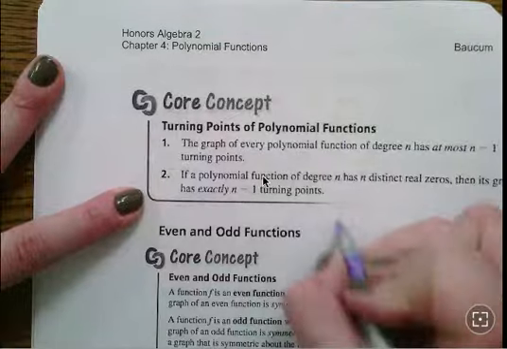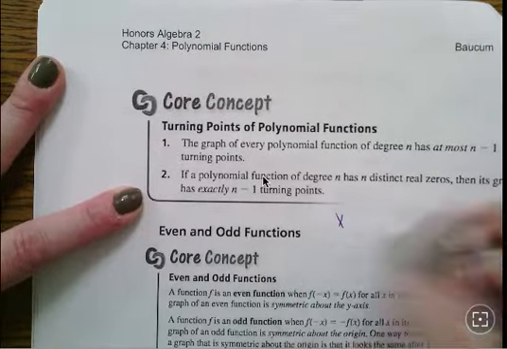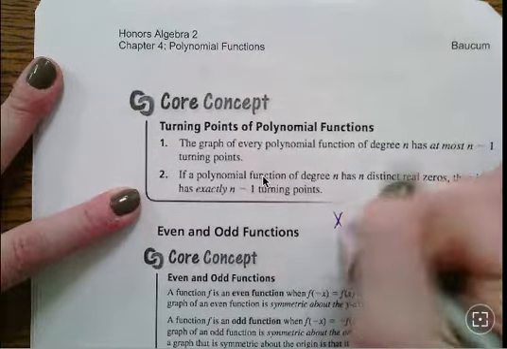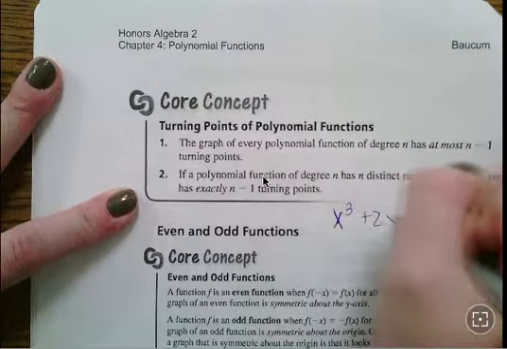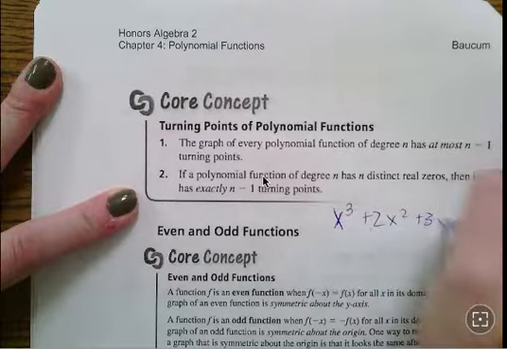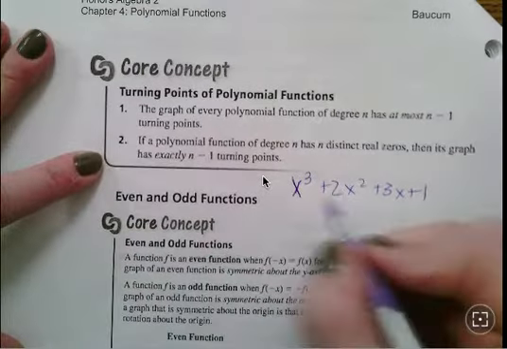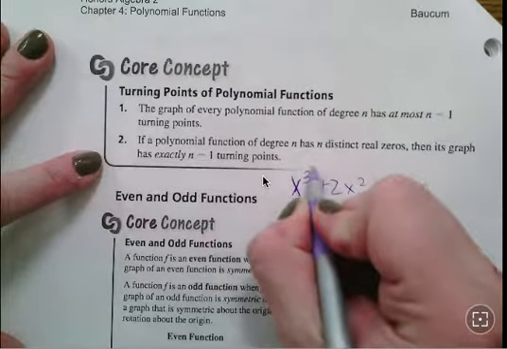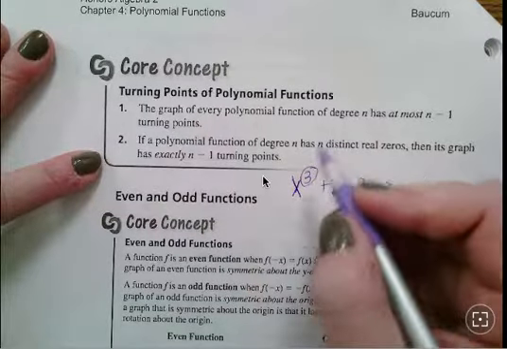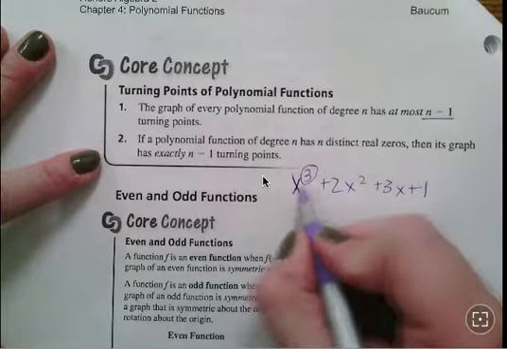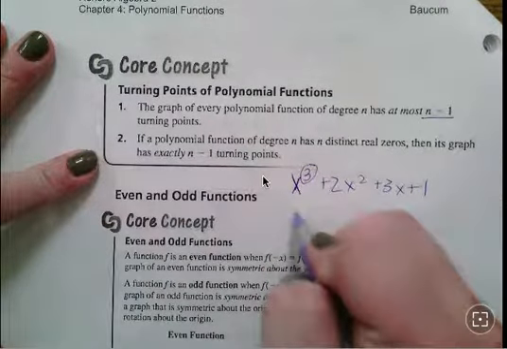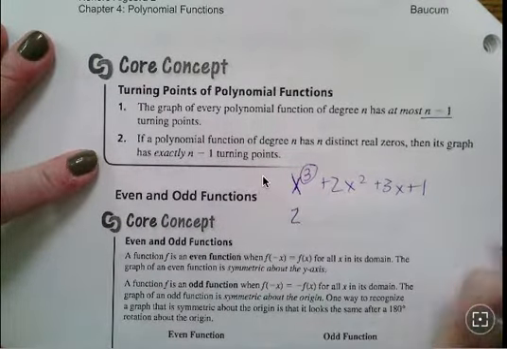Turning points. So what this means is that if you have something like x to the third plus 2x squared plus 3x plus 1, I just made that up, okay? You will have at most, this is your degree, what we called n, right? You're going to have at most n minus 1 turning points. So a cubic function is going to have at most 2 turning points.